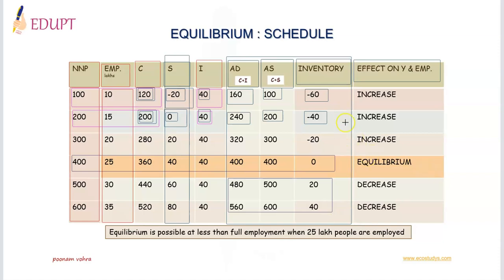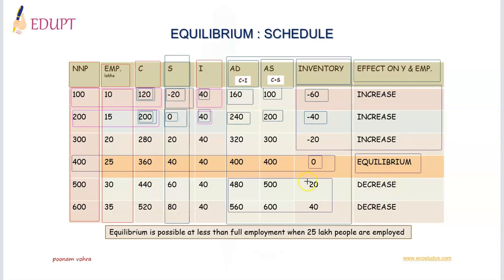Now, what does it mean so far as impact on income and employment is concerned? In all the cases where inventory is negative, employment and income will increase simply because there is an increase in aggregate demand, which is more than the aggregate supply. At this level of 400 income, there is zero inventory. That means the economy is in equilibrium.